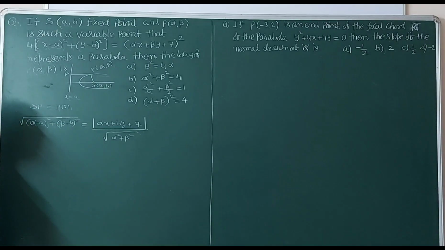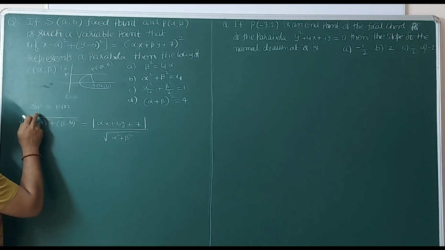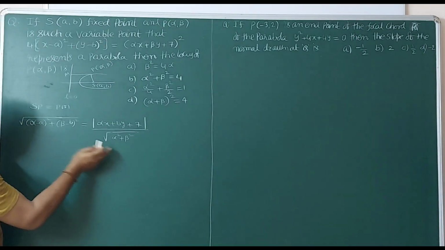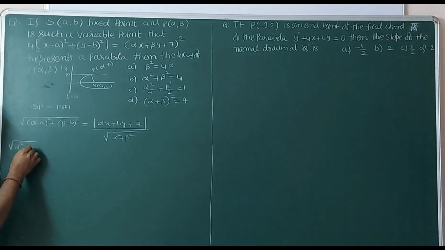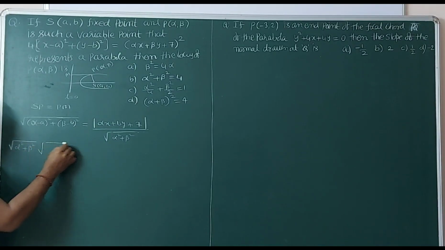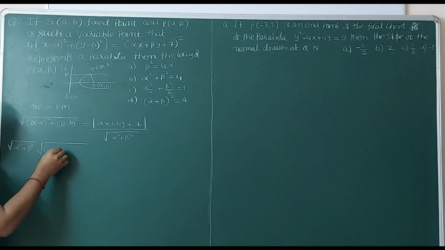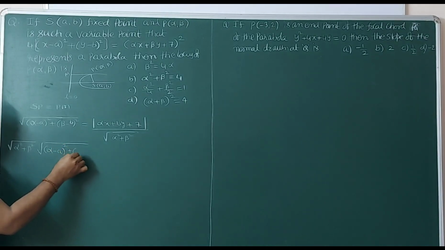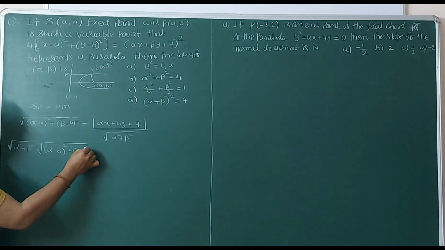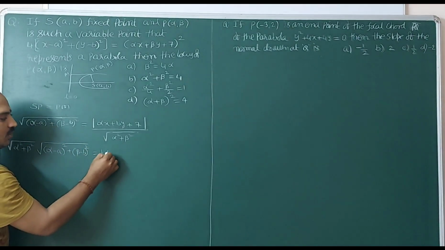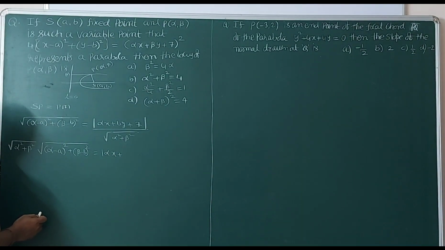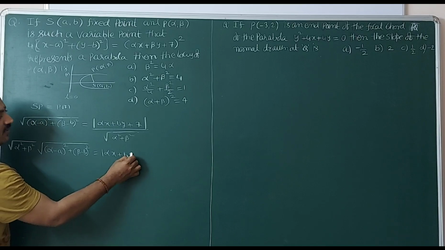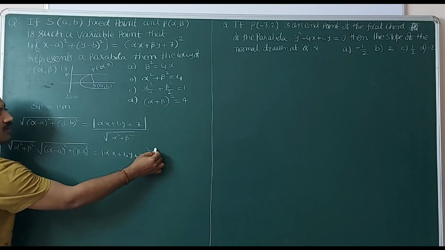Squaring on both sides, dear students, the root is going to be eliminated. First cross multiply: root of alpha square plus beta square into root of (alpha minus a) whole square plus (beta minus b) whole square is equal to alpha x plus beta y plus 7 whole square.